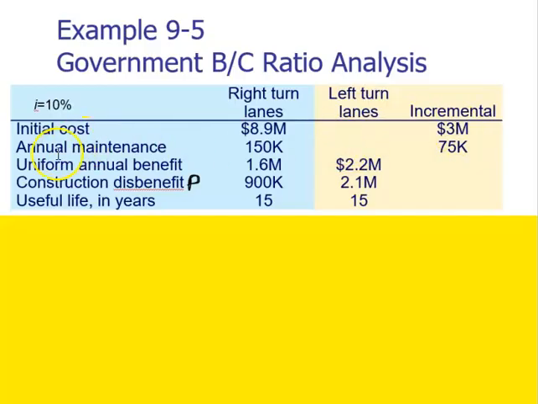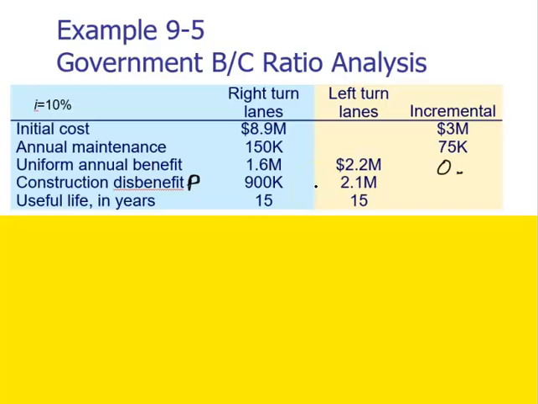The same way for annual maintenance. It means that the annual maintenance for left turn lanes is 225K. But these ones are the actual values, so you need to calculate the incremental value yourself.